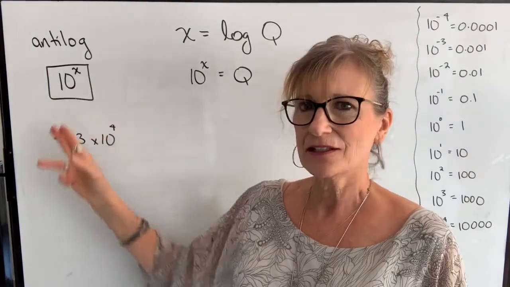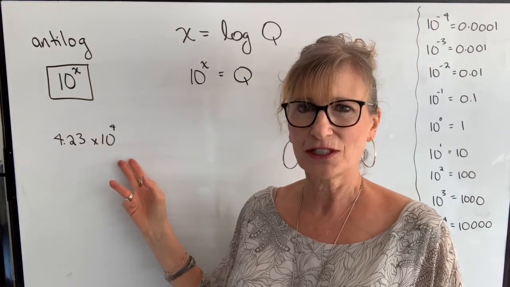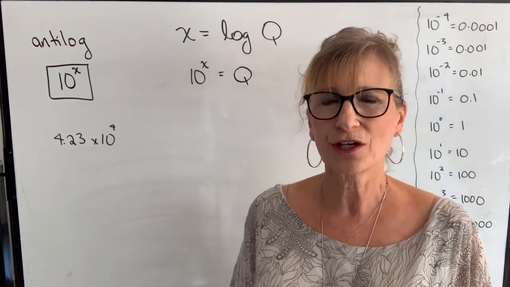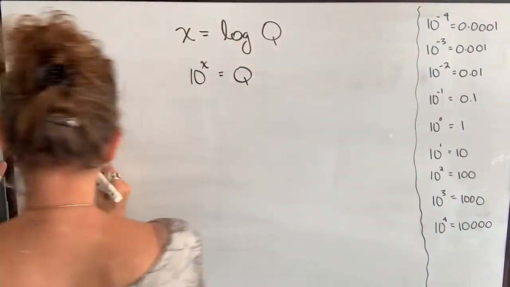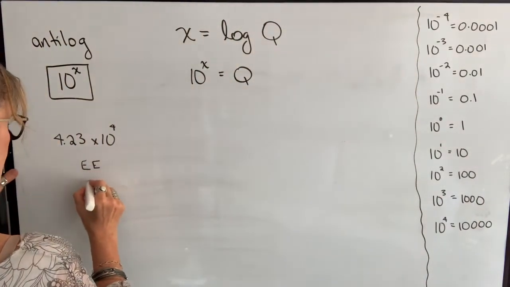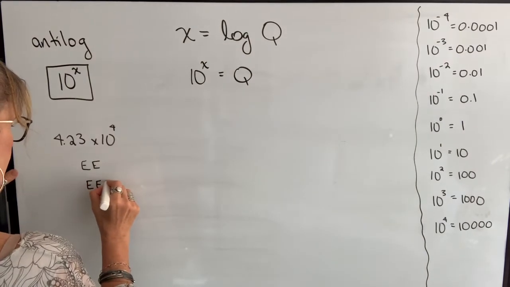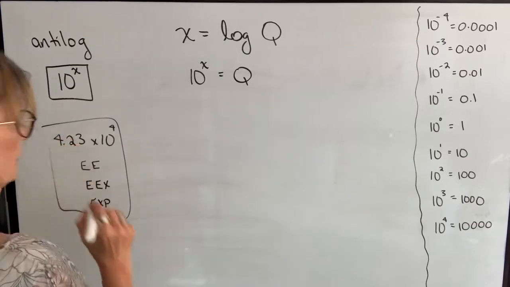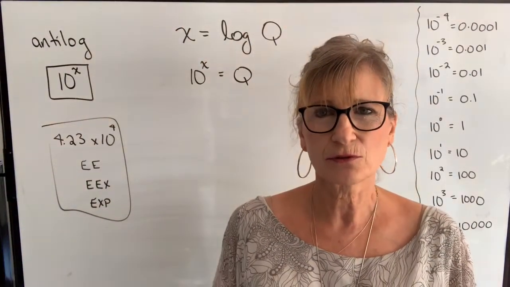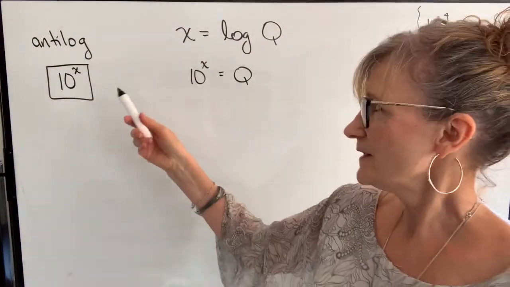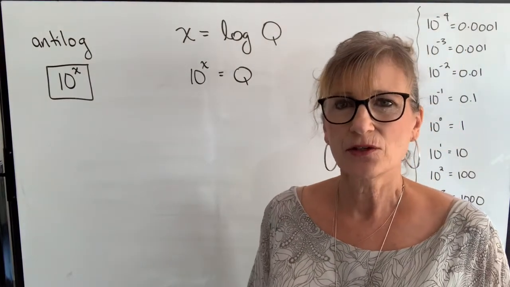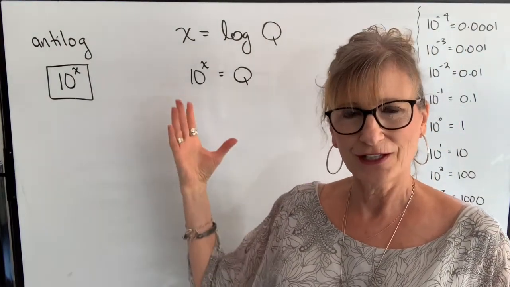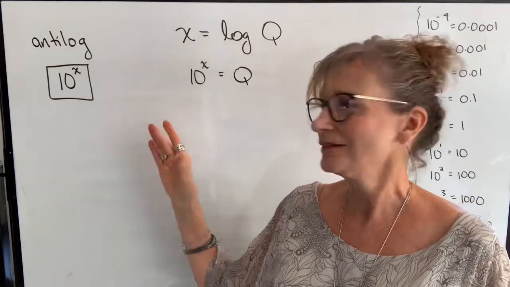This is not intended to enter numbers in scientific notation. You have another function on your calculator for that, but it's either EE, EEX, or EXP. That's what you would use for entering a number in scientific notation into your calculator. This is the antilog function, and the only time you'll be using it is when you're finding antilogs, base 10.